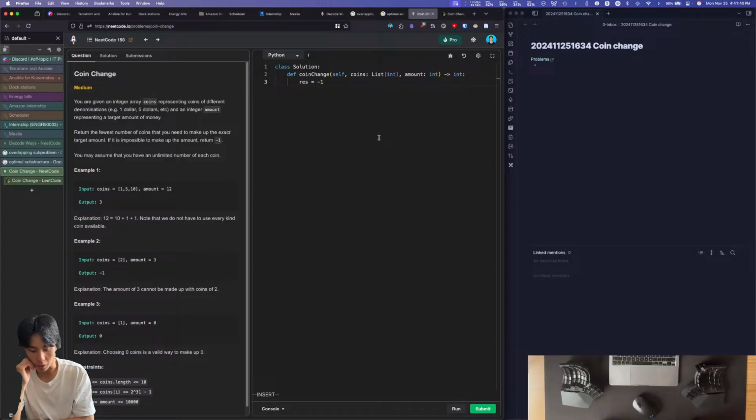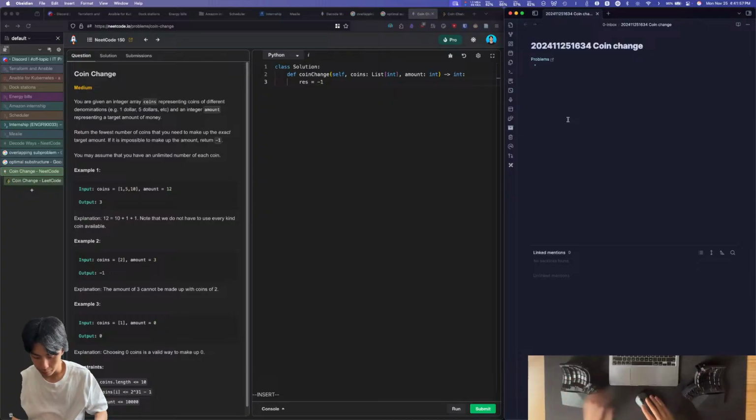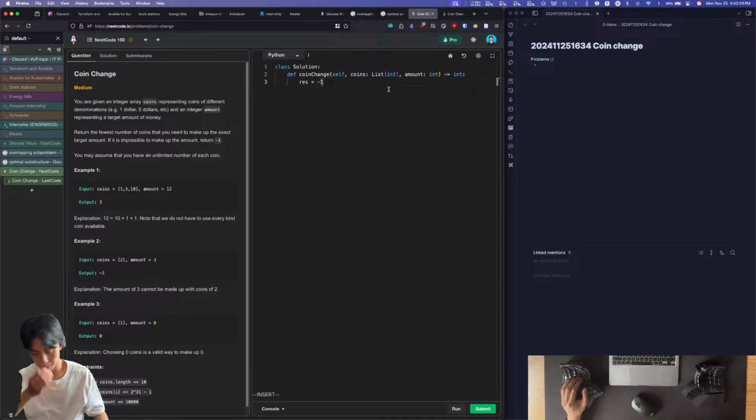And then from the top-down dynamic programming problem, you can make it bottom-up, probably, and then finally make this space optimized. So we're gonna try this in the first recursive way.